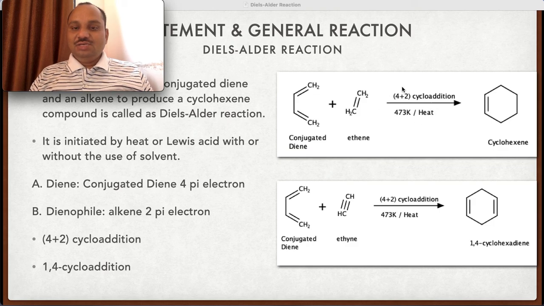It is also known as the 1,4 cycloaddition because in the conjugated diene, with carbon numbers 1, 2, 3 and 4, carbon numbers 1 and 4 are added to the dienophile.